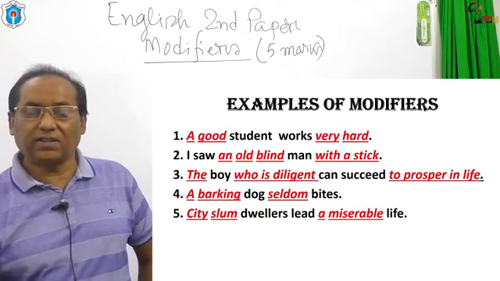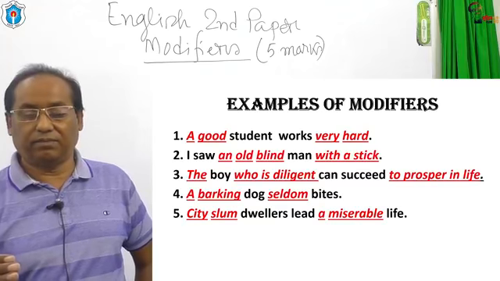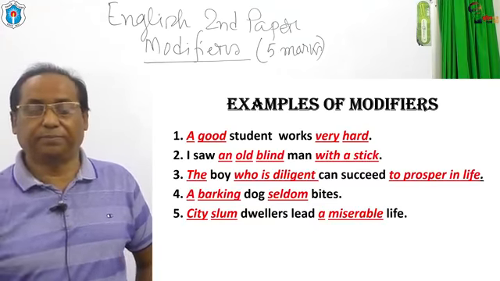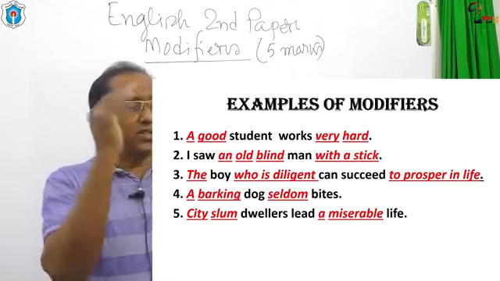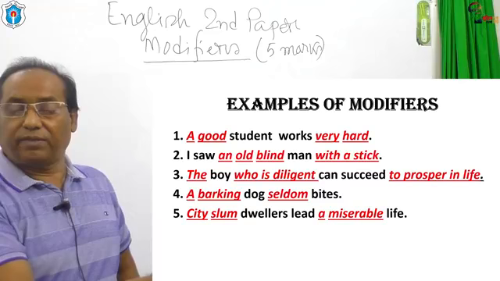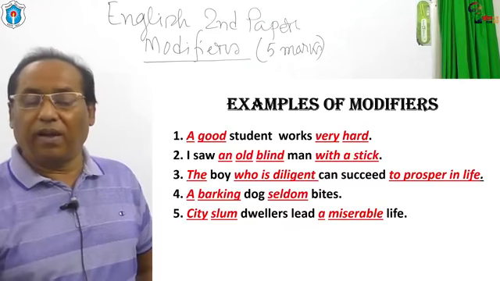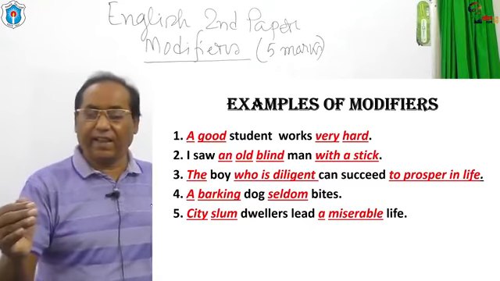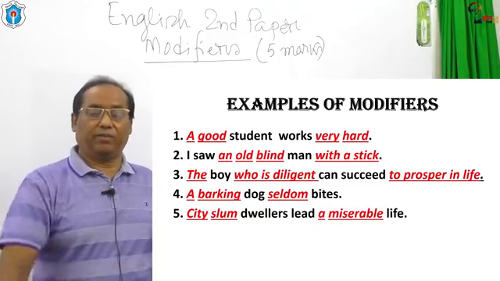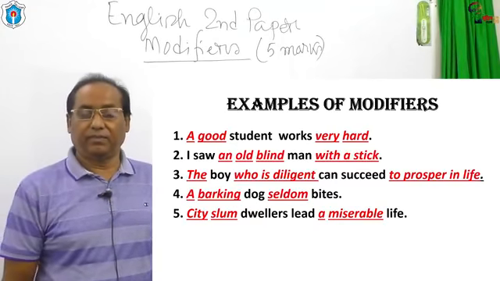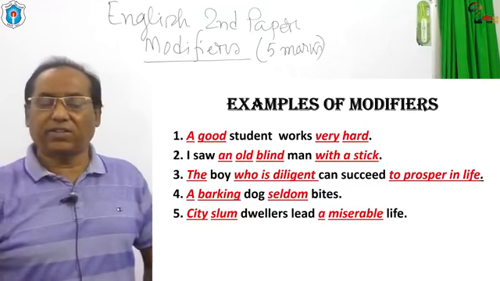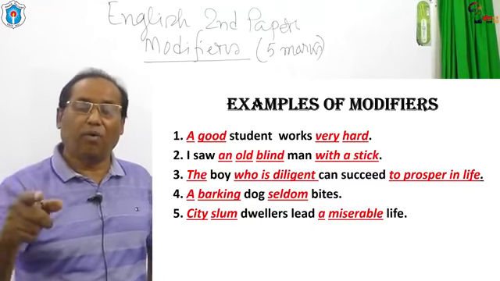The answer is seldom. In Bangla, kadachit, rarely. As seldom modifies the verb, it is a modifier in the form of an adverb. Basically, as a part of speech, it is an adverb. As it modifies the verb bites, it is also a modifier.